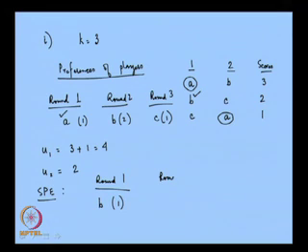In round 2, only A and C are remaining, and we know for player 2 C is better. So, C is picked up by player 2, and in round 3 player 1 is left with A. So, this is the subgame perfect equilibrium of this particular preference pattern and this game.